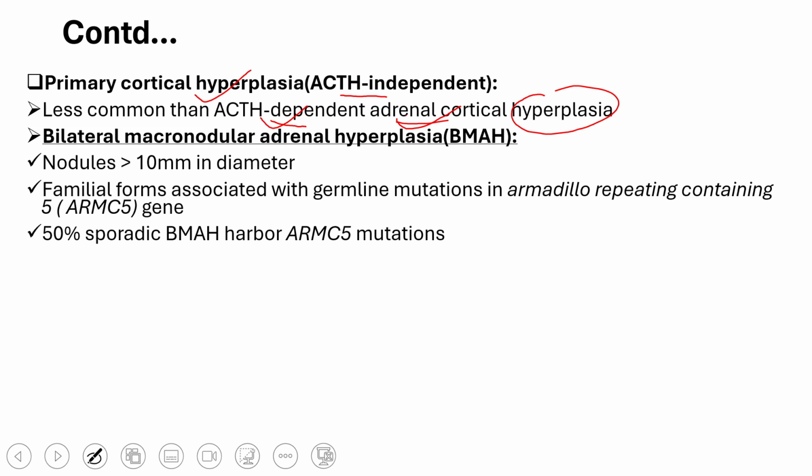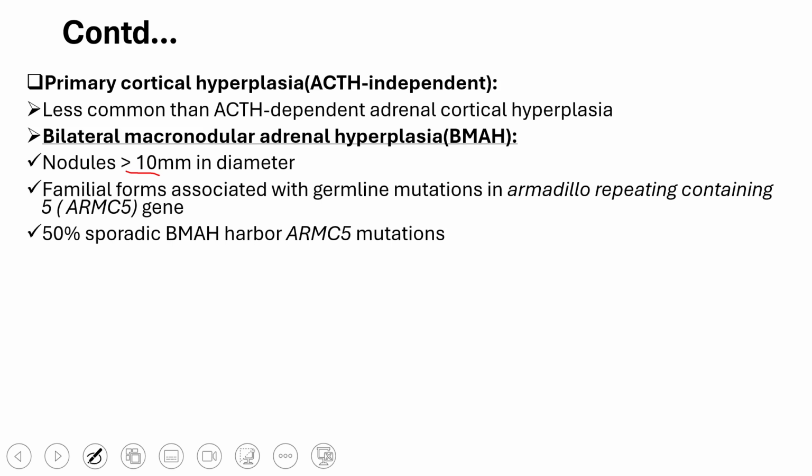And there is bilateral macronodular adrenal hyperplasia and also bilateral micronodular adrenal hyperplasia. So let's begin with the macronodular one. Here the nodules in the adrenal cortex are more than 10 mm in diameter, while in micronodular they are less than 10 mm in diameter.